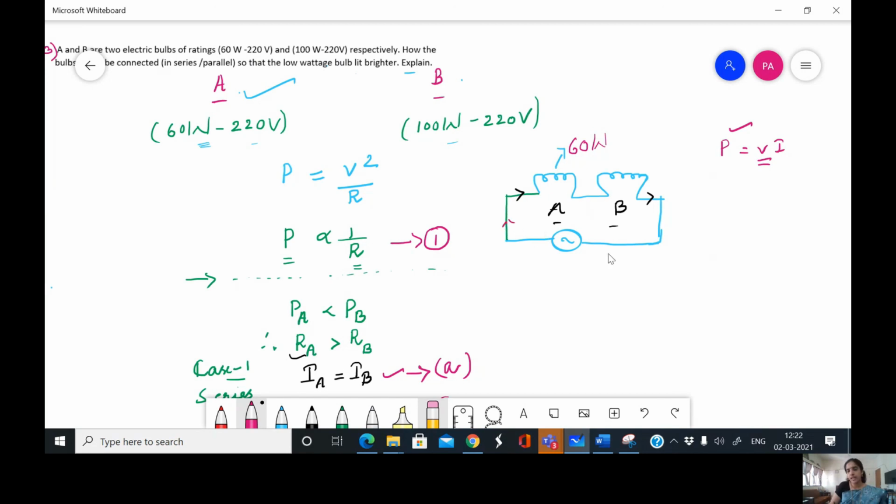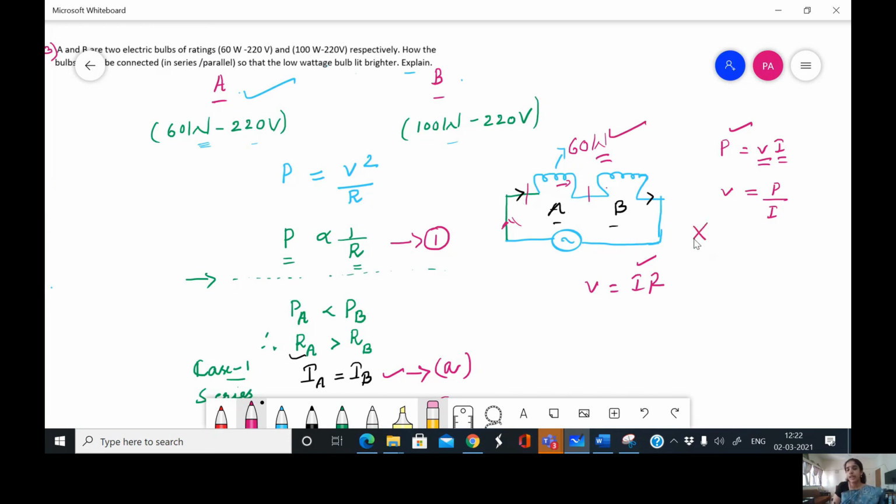Sometimes we calculate the current by taking the combination R1 and R2. We added R1, R2, then applied the formula V equals IR and calculated I. Now we want to find the individual voltage across each bulb. By mistake we take the power of this bulb as 60, and I know the current through the circuit, so I can find the voltage across this bulb. So you write V equals P by I, taking P as 60 watt and I as already known.